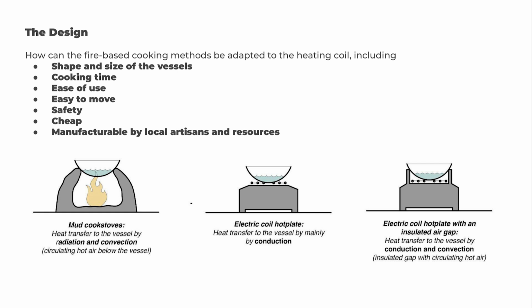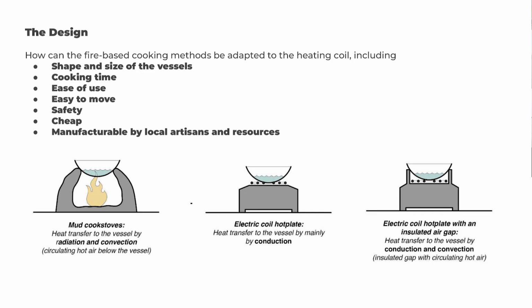The air is heated, and then the air transfers the heat to the vessel. It is also a very efficient system if the gap is very well insulated and there are no gaps for the heat to escape. So if we create a closed volume, it is also a very efficient method of heat transfer.